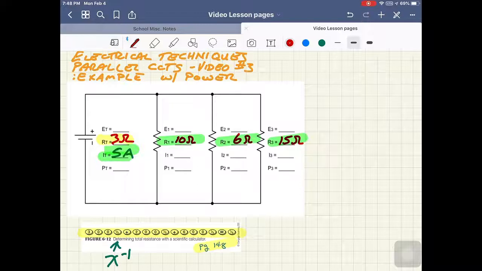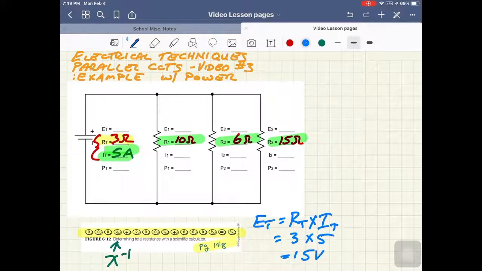Okay, in this example now I've got, at our total, 2 values here, so I can use Ohm's law, and I can solve for ET using Ohm's law, which should be RT times IT, multiply the 2 together, 3 times 5, and I've got a grand total of 15 volts.